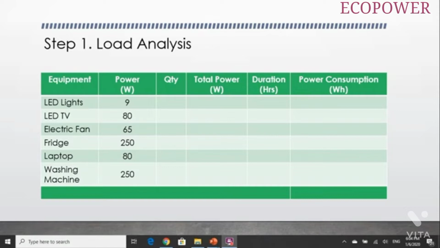In this example, the LED lights consume around 9 watts, the LED TV around 80 watts, the fan around 65 watts, the fridge around 250 watts, the laptop 80 watts, and the washing machine around 250 watts. Next, after you have listed down the unit power, list down their quantities.